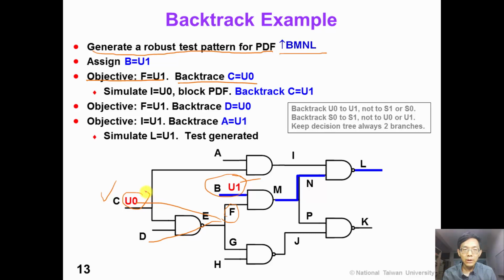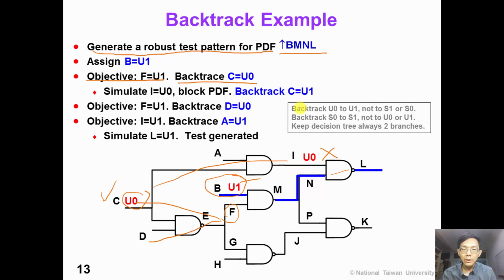Now we perform a simulation, and I is U0. But this would block our path delay fault propagation to the primary output. So this was a mistake. We need to backtrack.